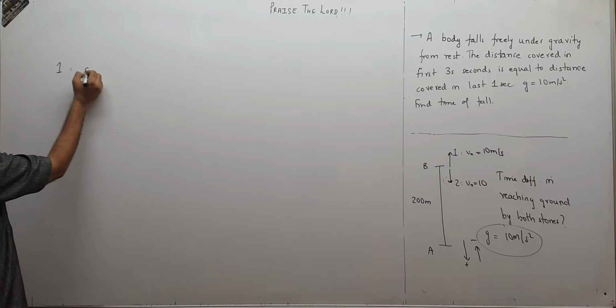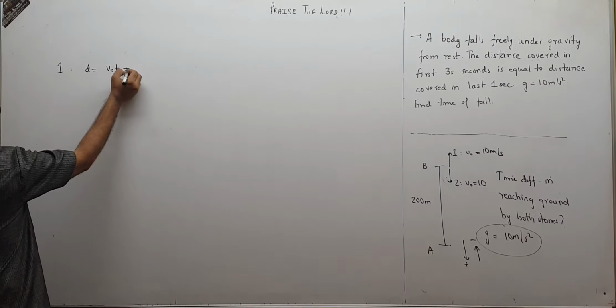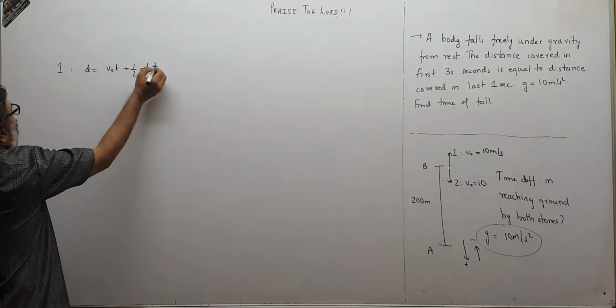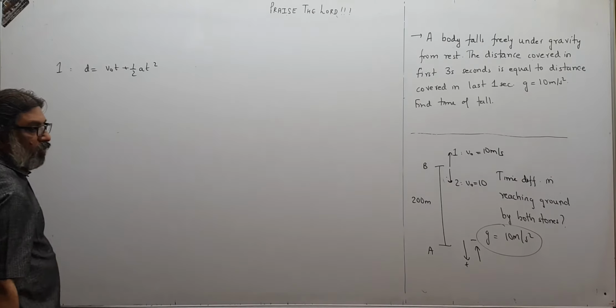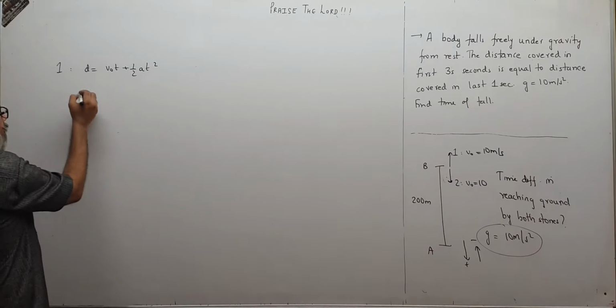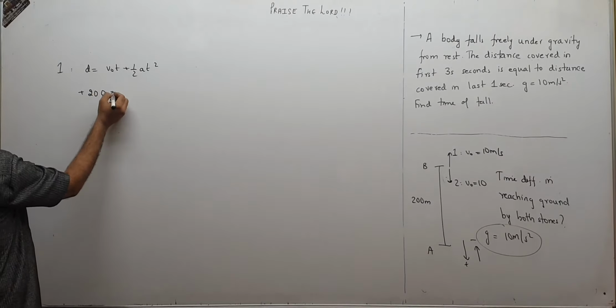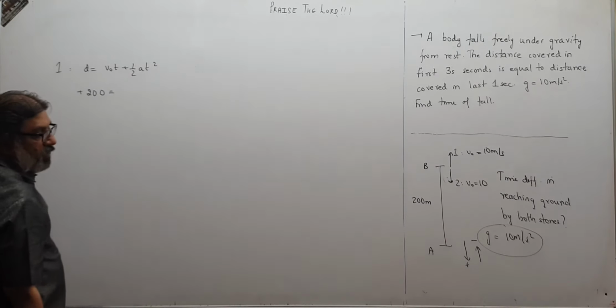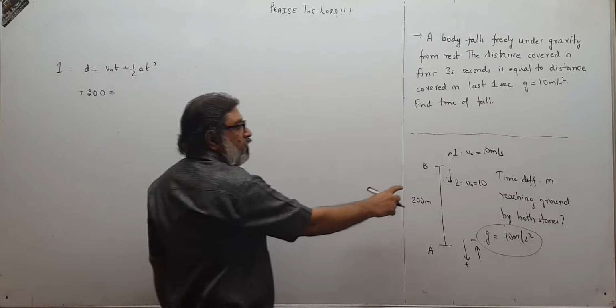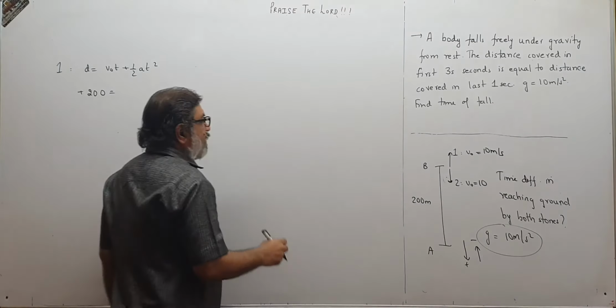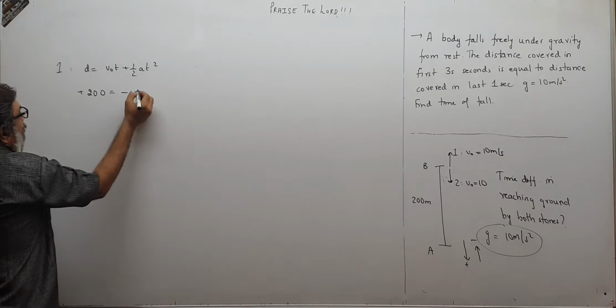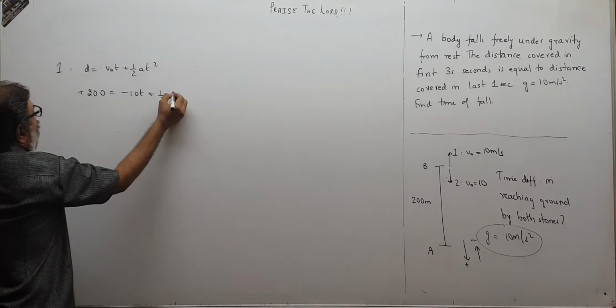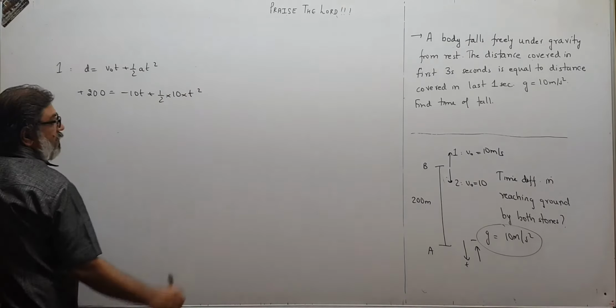For the first one, displacement equals V0T plus half AT square. Displacement for both is 200 meter downward, so plus 200. For the first one, speed is upward, means negative, so minus 10t, plus half into, take g as 10 for simplicity.